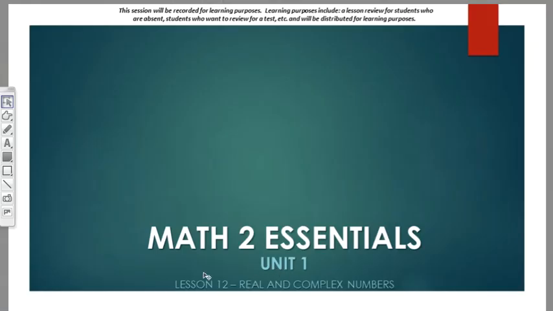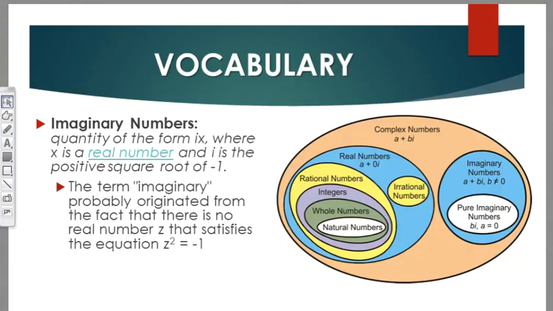All right, so like I said, Unit 1, Lesson 12, Real and Complex Numbers. I think what's important is to reiterate what we talked about last time, which was we introduced imaginary numbers. Imaginary numbers come from, again, remember I asked you to memorize 2 things. It comes from this idea of square rooting a negative number. i is defined as the square root of -1.